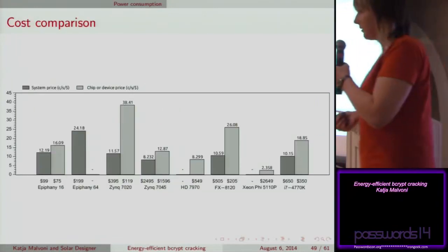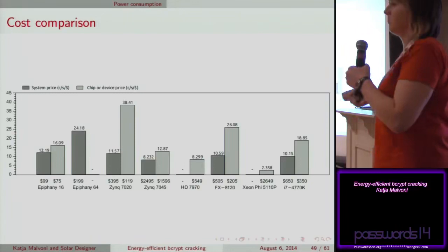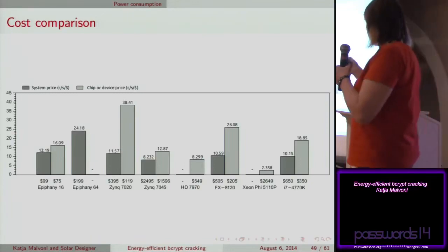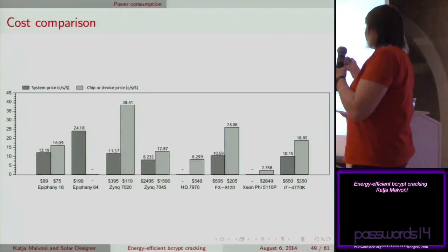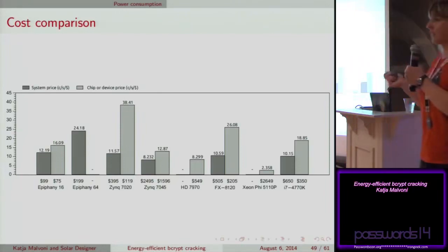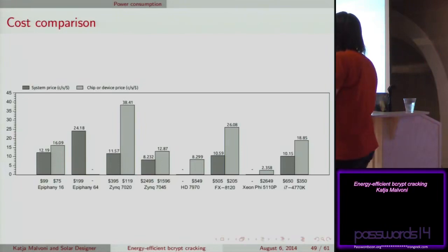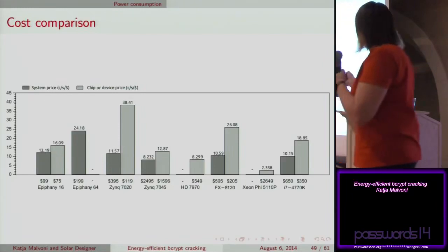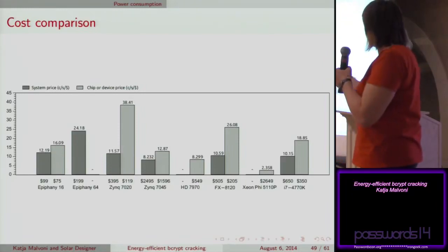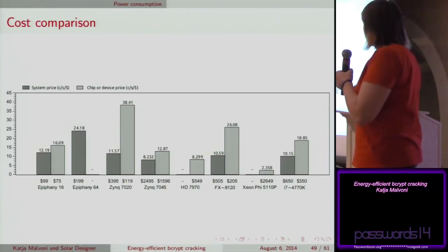Another important thing to look at is how much these boards cost. So we took the system price and the chip or device price and compared them to each other. So the metric here is cracks per second per dollar. So we can see that energy efficient platforms really can be compared to all the others that we used, while their prices are significantly lower than prices of some of these other devices.